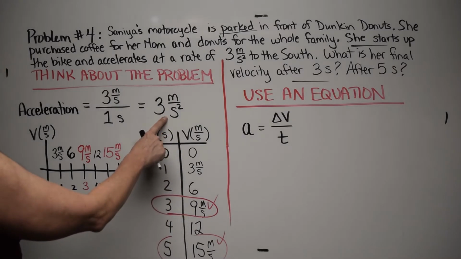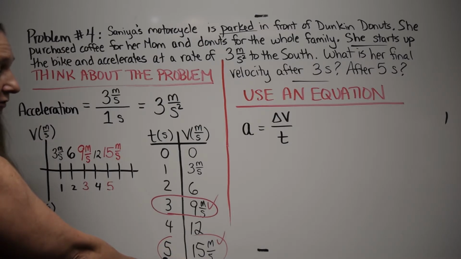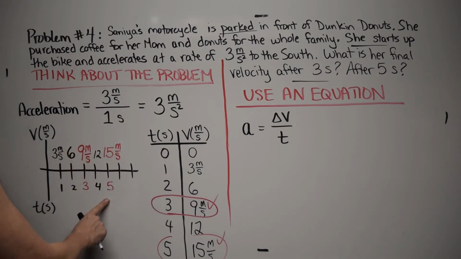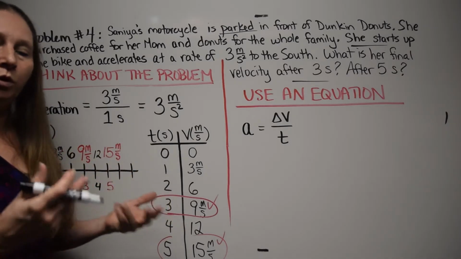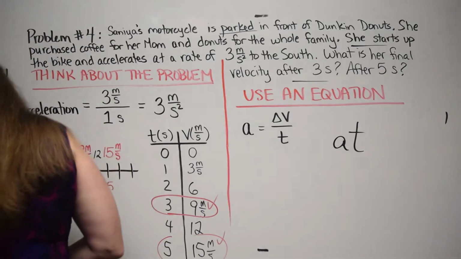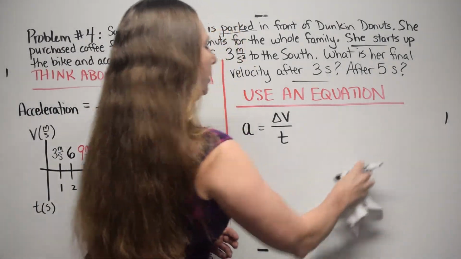We took the acceleration 3 multiplied by the amount of time 5 to get the final velocity 15. So you take the acceleration and multiply by the time. The equation is going to have some portion where we take the acceleration and multiply by the time. All right? So let's see what we've got here.